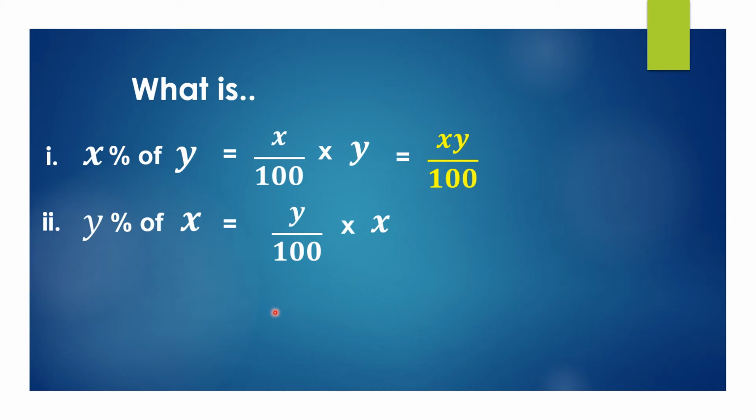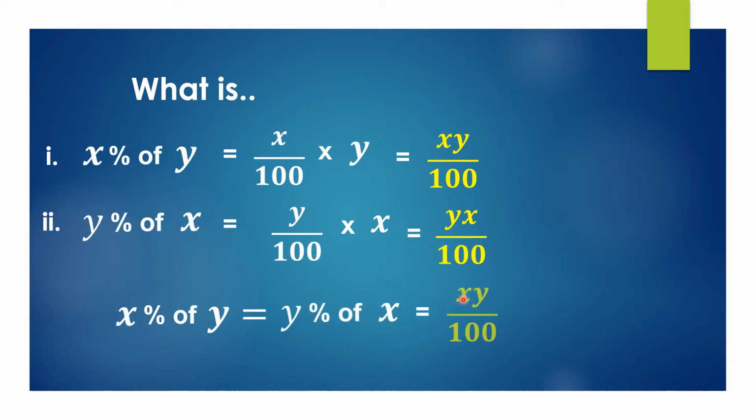So y into x, it is yx by 100. If you observe the first and the second, both places we got the same answer, xy by 100 or yx by 100. So x% of y is equal to y% of x, which is equal to xy by 100. Now we are going to apply this rule and solve the percentage problems quickly.